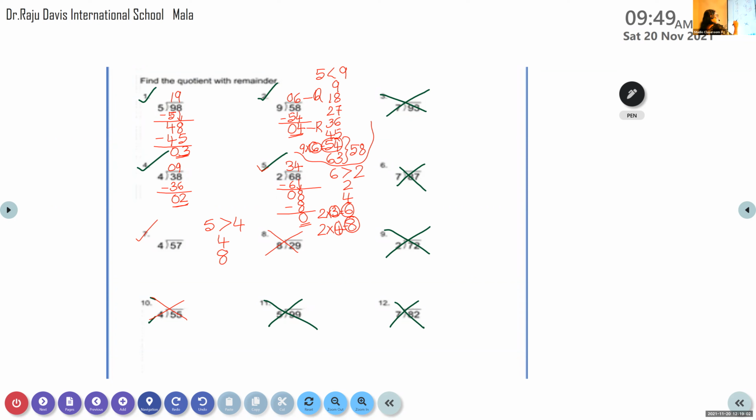So, you got a number greater than 5, isn't it? 5 is in between 4 and 8. So, which number is to be taken? 4 is to be taken because 8 is bigger.